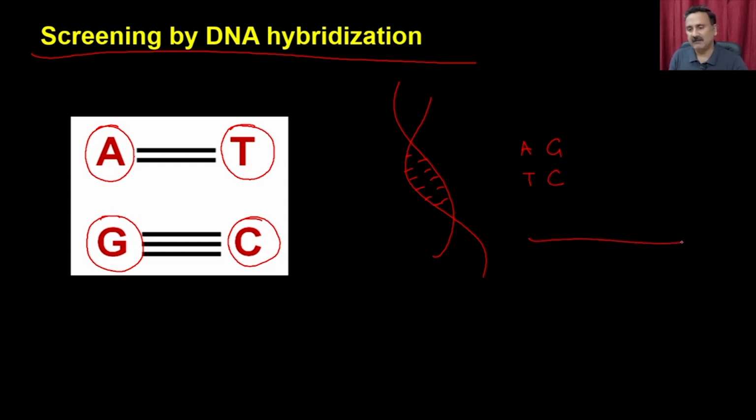So suppose I have a template DNA, or a genomic sequence, okay, which I want to screen, then I'll prepare a probe. For example, I have prepared a probe like this. Okay, so this is the probe I have prepared, right. Because this is the sequence, I know that it is going to bind to the particular gene responsible for the production of this particular enzyme.